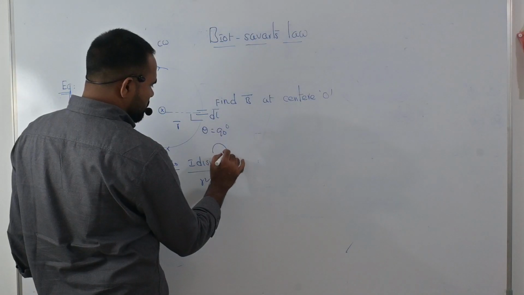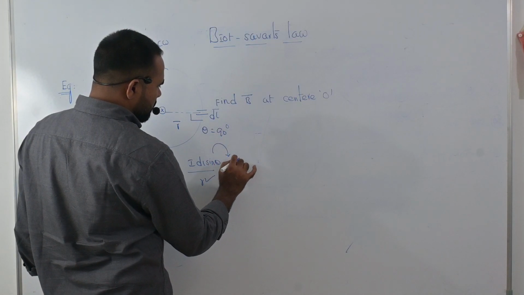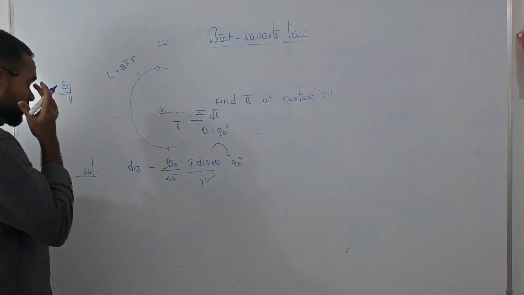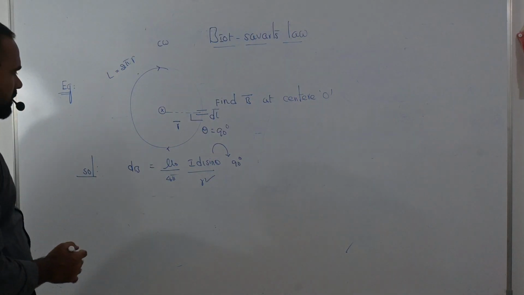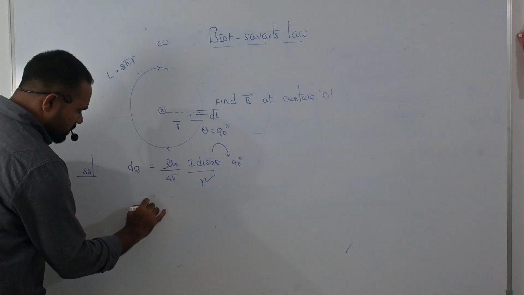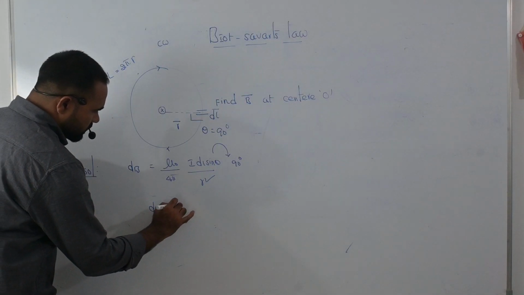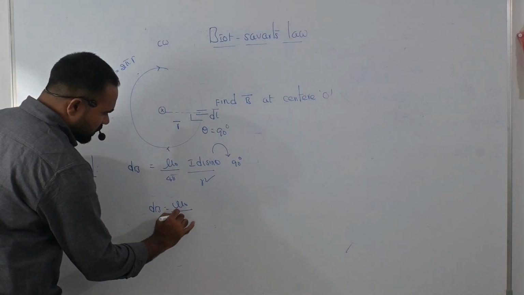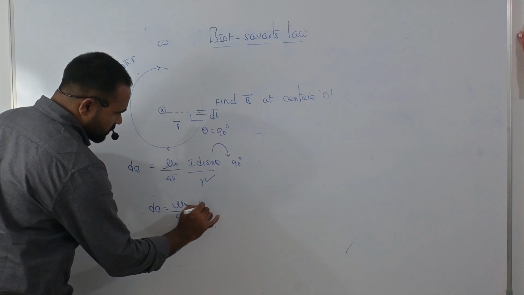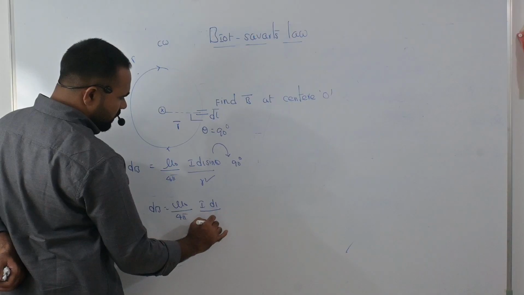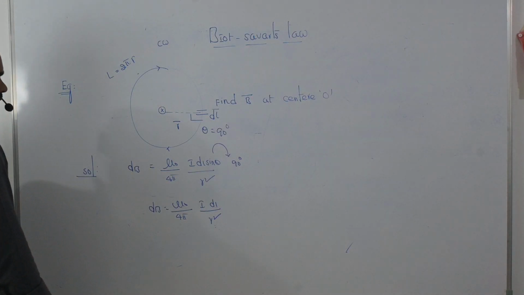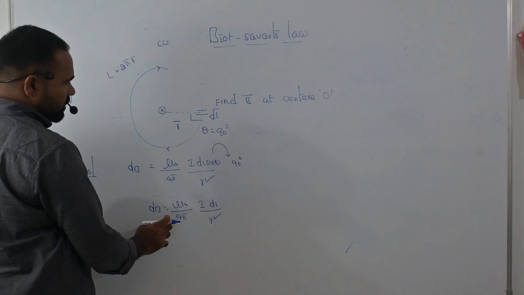Where theta is 90 degrees, so sin 90 becomes 1. The final value is dB equal to mu naught by 4 pi, I dl by r square.